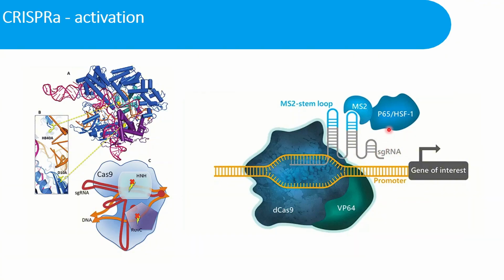So it has some loops, and there are some mediators or additional elements attached to these loops. And all of these could enhance the function of the transcription. They actually can attract the transcriptional factors to the promoters, so it can increase the expression of our gene.